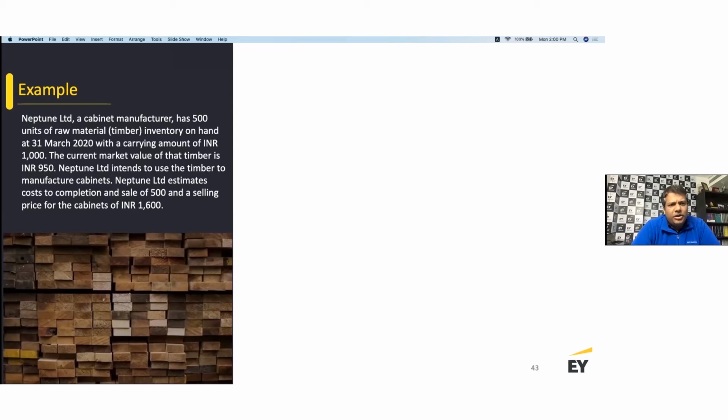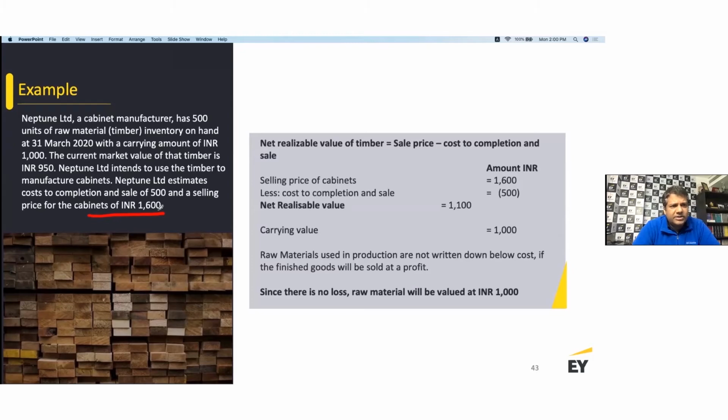Now, Neptune Limited estimates cost of completion and sale of 500, and a selling price for the cabinet of INR 1,600. So the question here is, do I have a loss here?